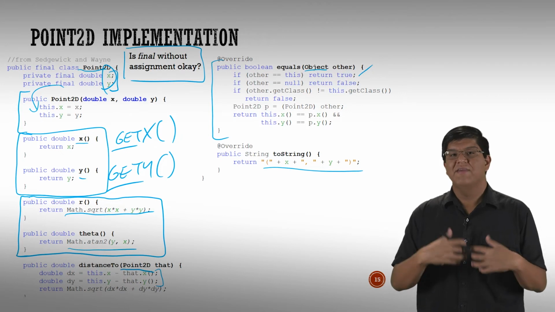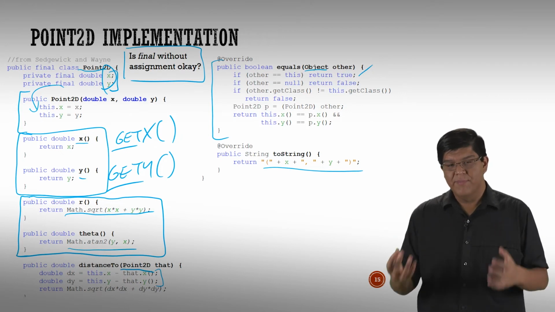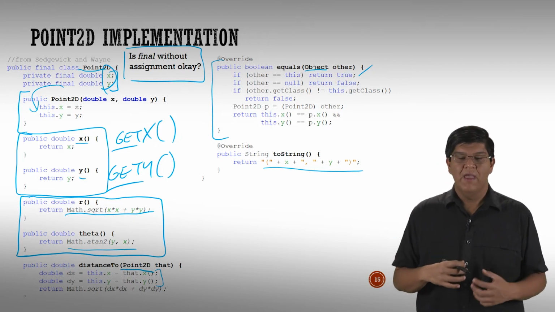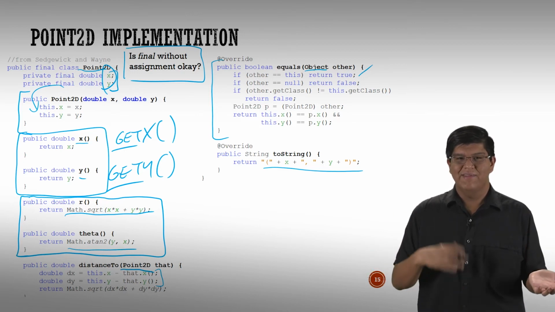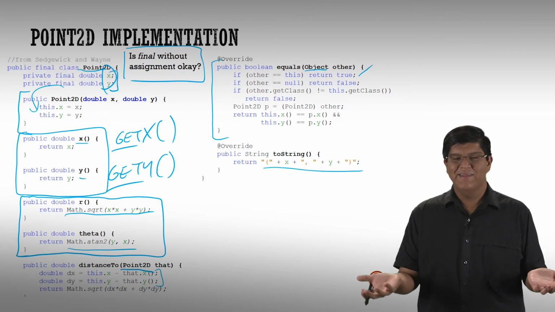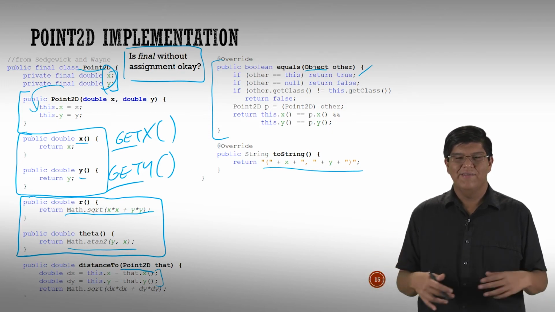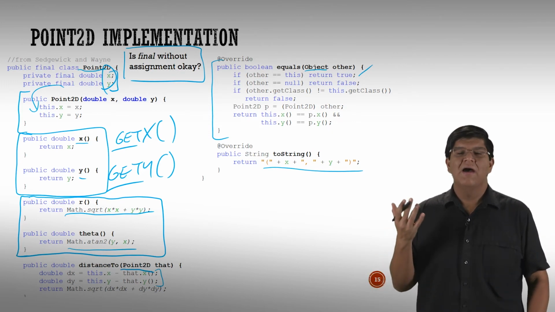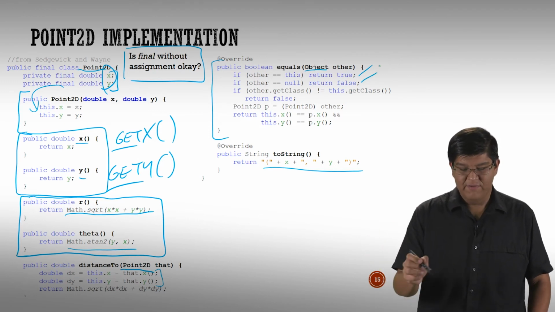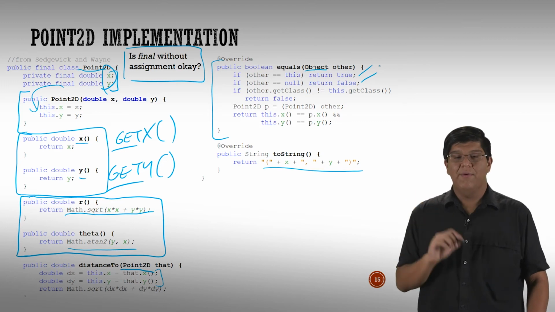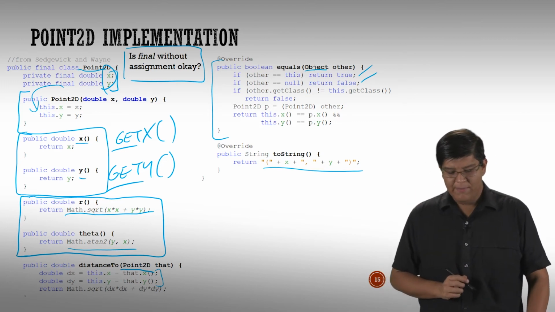I must exist in order for equals to be called on me, and if I'm compared to somebody that doesn't exist, how could it ever be equal, right? That's another early check. If that ends up being the case, then we return false because there's nothing to compare. Cannot possibly be equal.